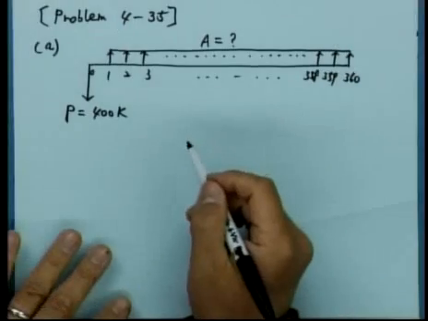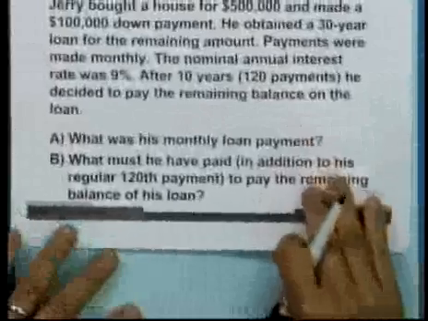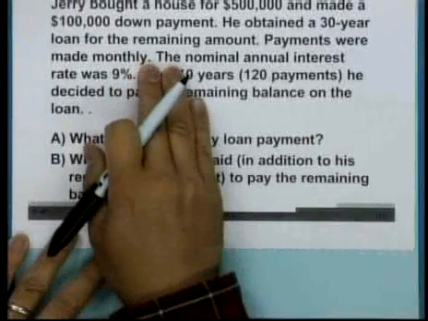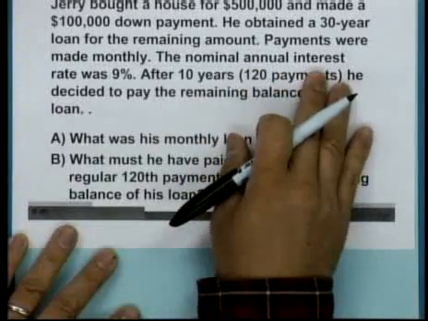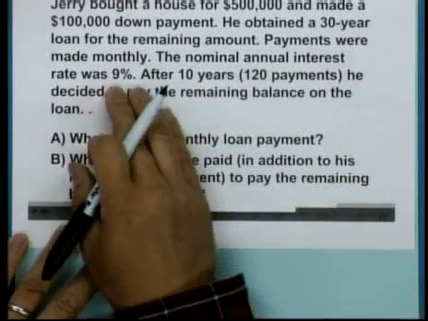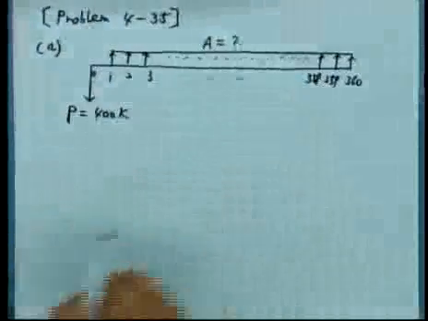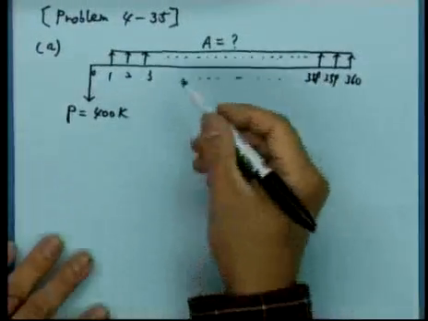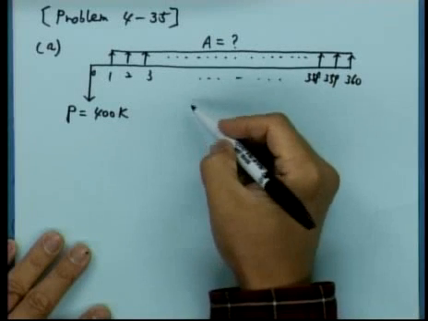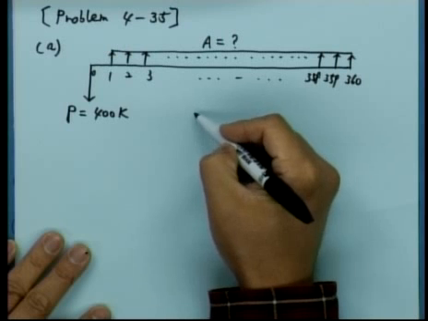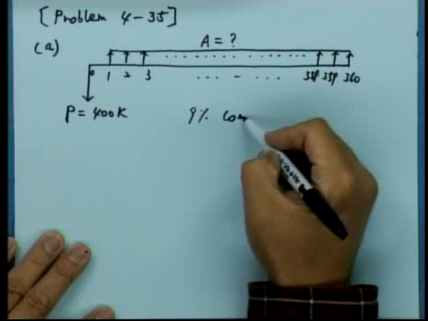And the payments were made monthly, right? The payments were made monthly. And the nominal annual interest rate is 9%. So this tells us that the interest rate is 9% compounded monthly, right?